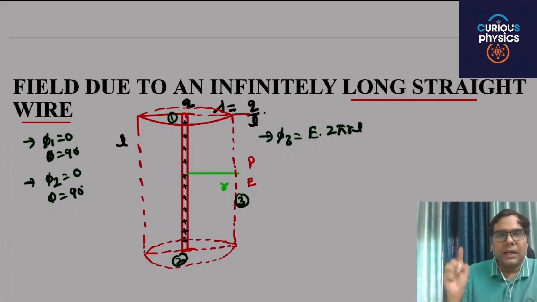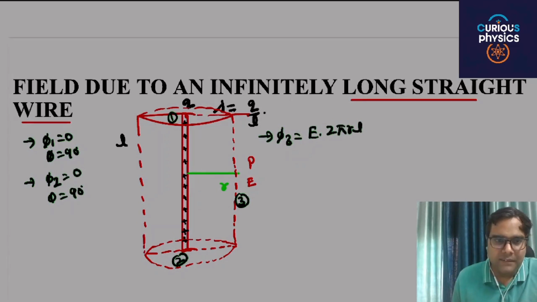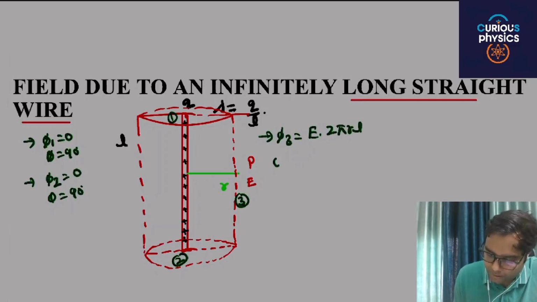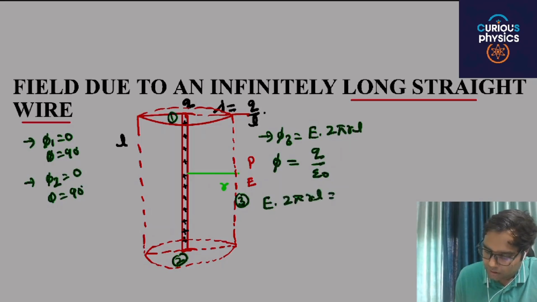R is the radius of the cylinder and L will be its length. Then according to Gauss law, phi, or you can say the integration of E dot dS, is equal to Q by epsilon naught. So here phi is E into 2 pi RL equal to Q by epsilon naught.